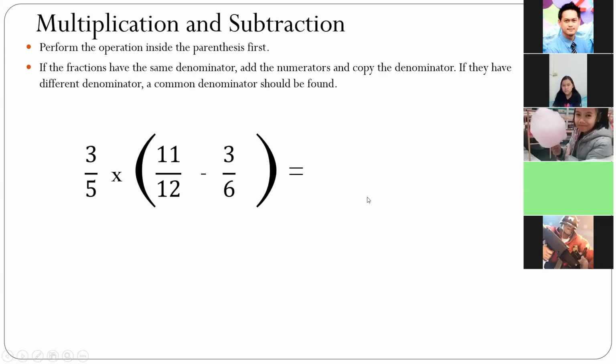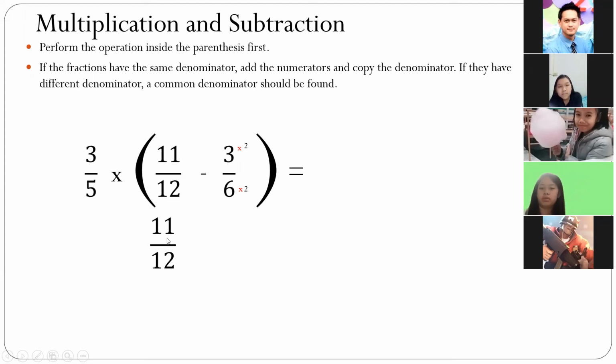If the fractions have the same denominator, add the numerators and copy the denominator. If they have different denominators, a common denominator should be found. Okay, what is the common denominator of 12 and 6? 12. So we multiply it with 2.